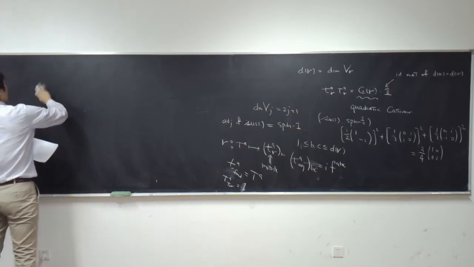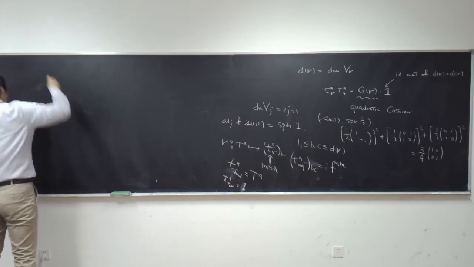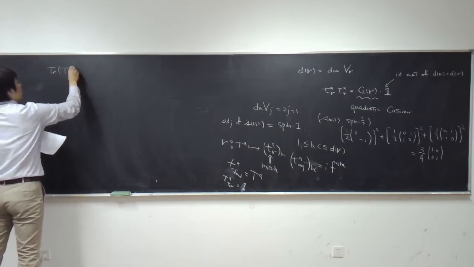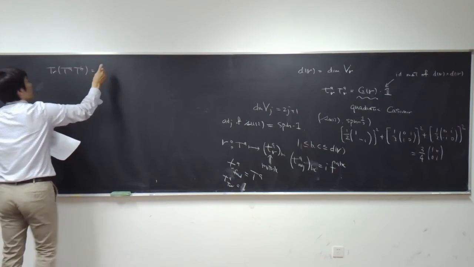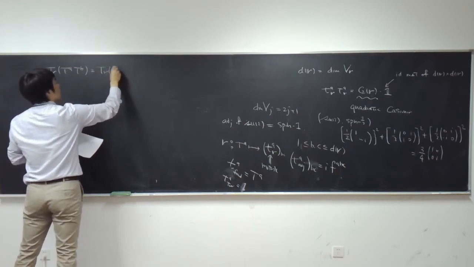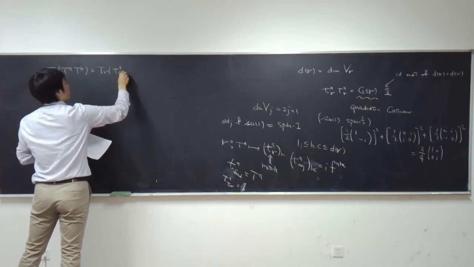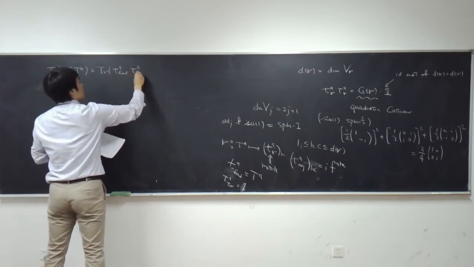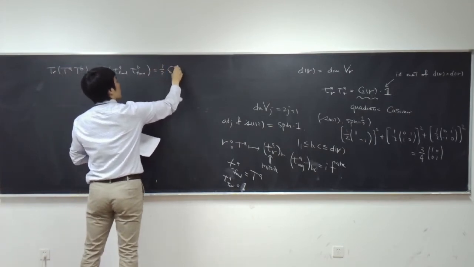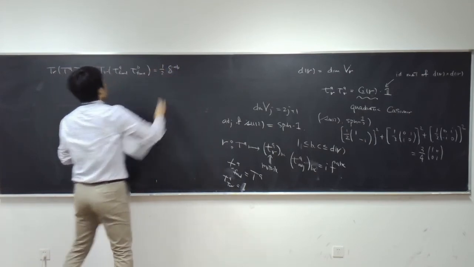As I mentioned, in the spin-1/2 fundamental representation, the trace of T^A fundamental T^B fundamental is 1/2 delta^AB.